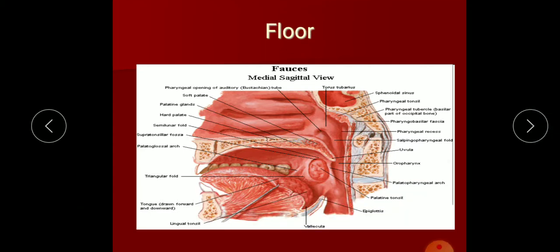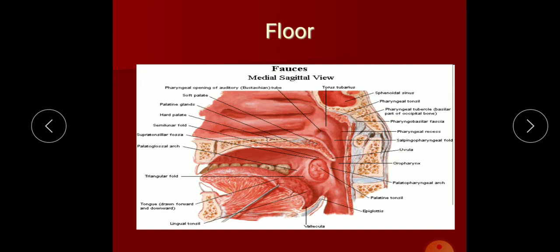It is bounded anteriorly by soft palate here. Posteriorly you find the Passavant's ridge. Do you remember the Passavant's ridge? The palatopharyngeus muscle plus a superior constrictor forming the Passavant's ridge, and the side walls is also contributed by the palatopharyngeus muscle. So what happens in front, the soft palate, on either side you get the palatopharyngeus muscle.